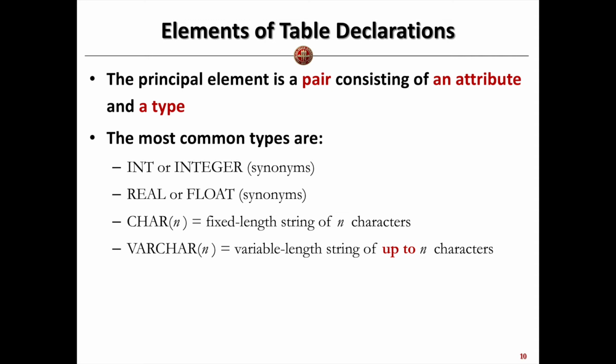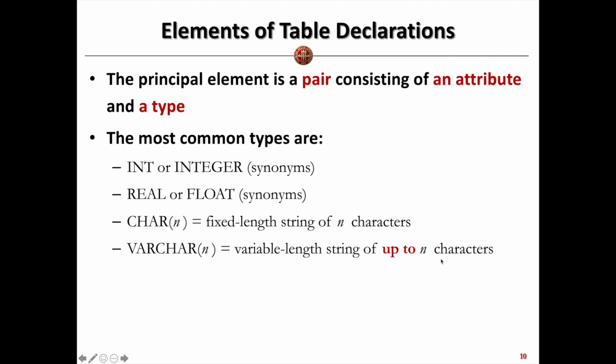If so, we can declare the name as varchar n. N is also a number, so it denotes a variable length string with up to n characters inside the string. So this n denotes the maximum length of this varchar string. You can differentiate these two, right? Char denotes a fixed length string with n characters, while varchar n denotes a variable length string with up to n characters.